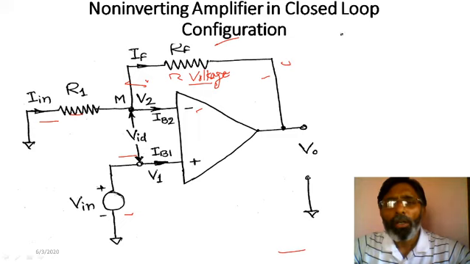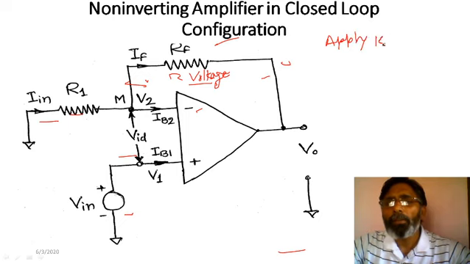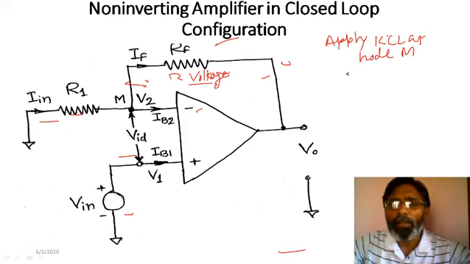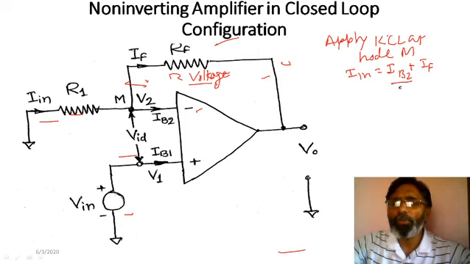So here we will apply KCL at node M. So if you apply that, you will have the equation I in is equal to IB2 plus IF. As op amp is ideal, IB2 will be 0, so your I in will be equal to IF.